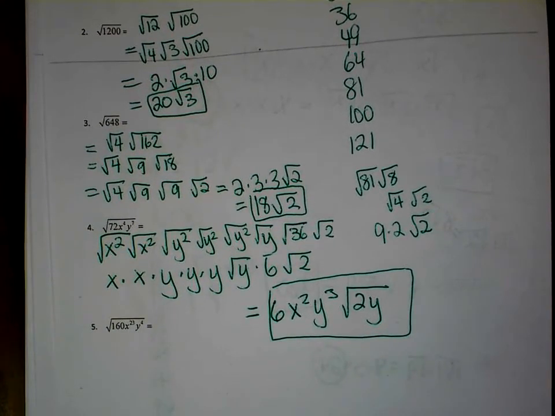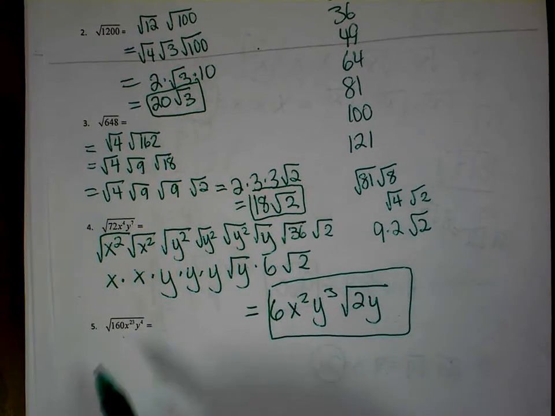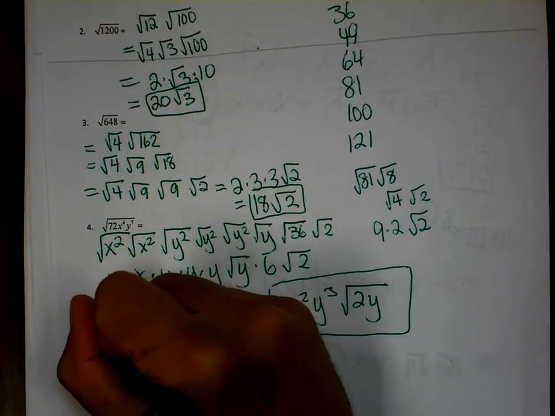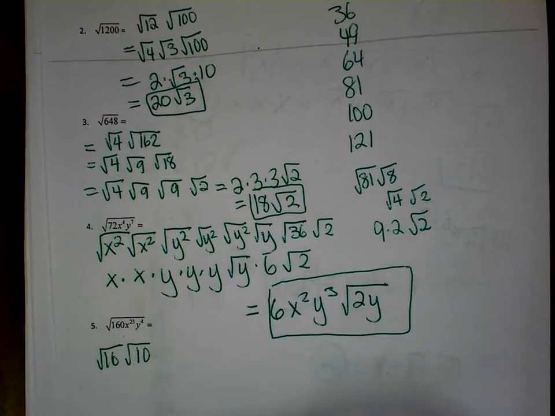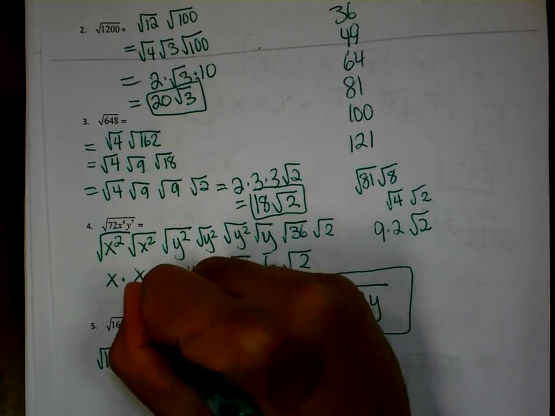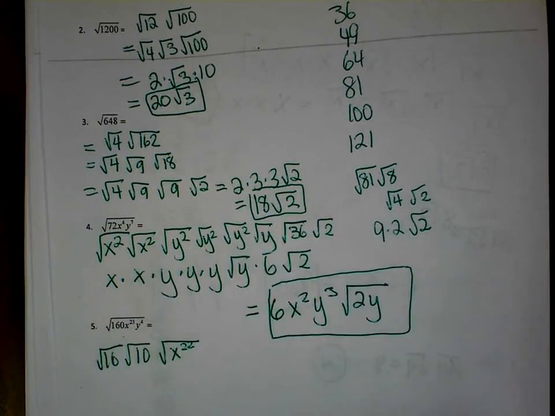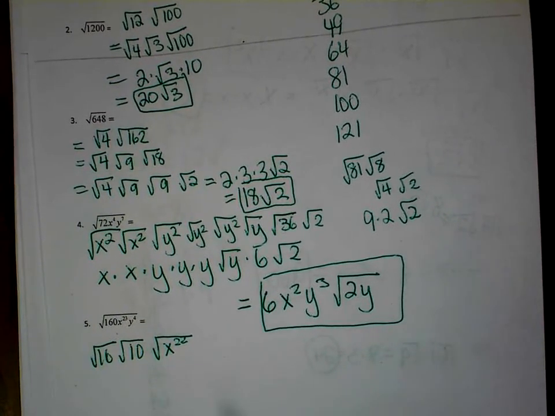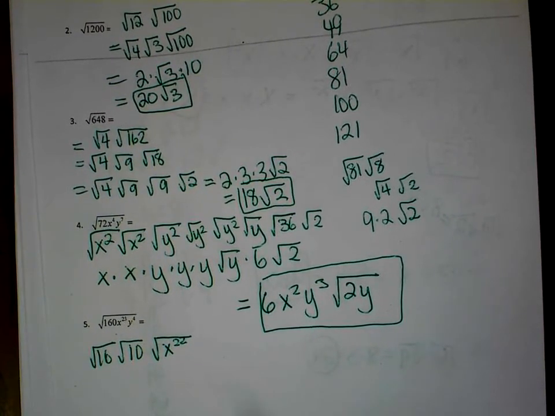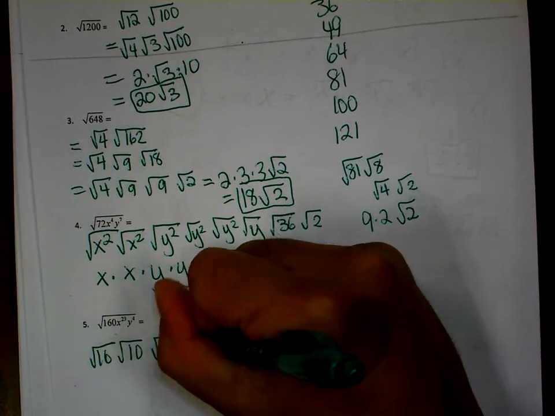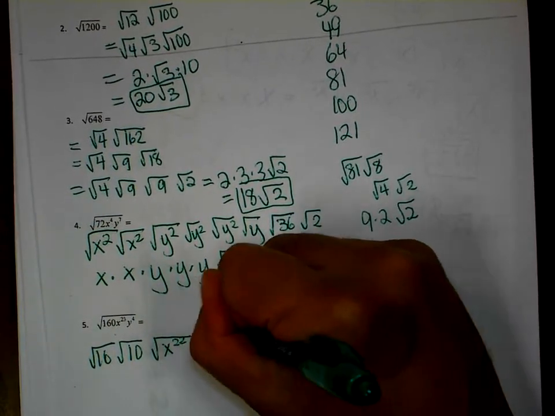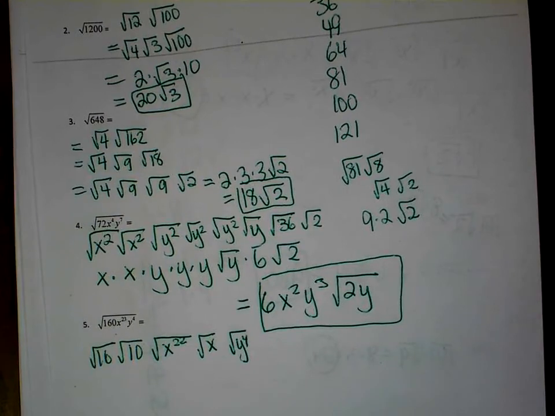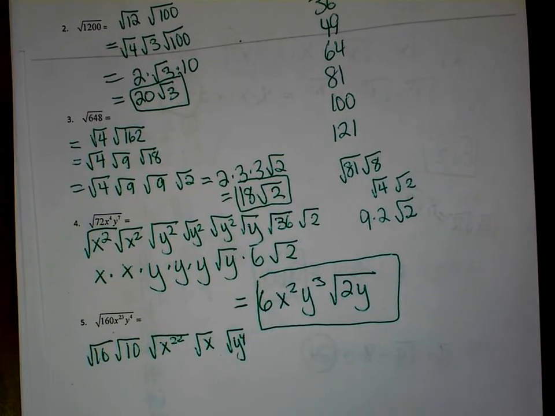All right, this last one. 160 breaks down into square root of 16, square root of 10. This is the square root of x to the 22. Instead of breaking it all apart into x squares, I'm just going to think of this as x to the 11th times x to the 11th. I'm still left with one x there, and then I have y to the 4th, which I just know is y squared squared.